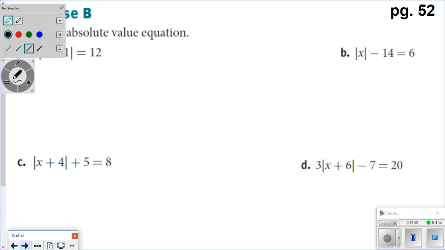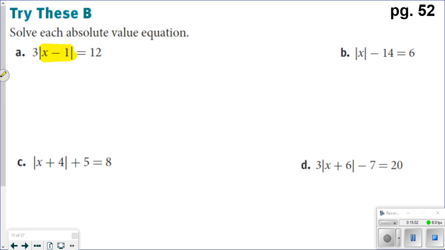So all 4 of these, you have to isolate your absolute value expression first. So get x minus 1 alone. Get the absolute value of x plus 4, absolute value of x plus 6, and just the absolute value of x. So all of those need to be isolated first before we set up our 2 equations.